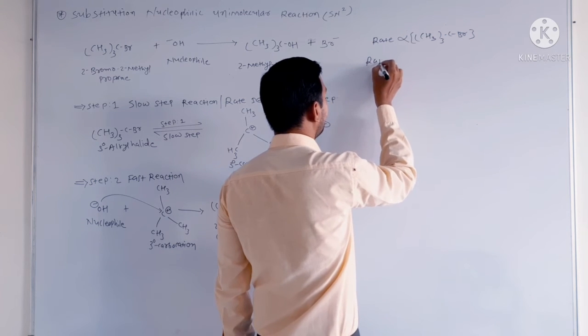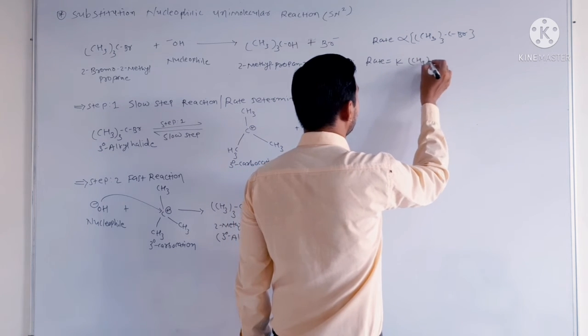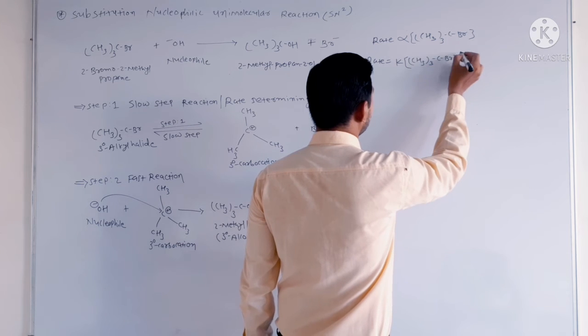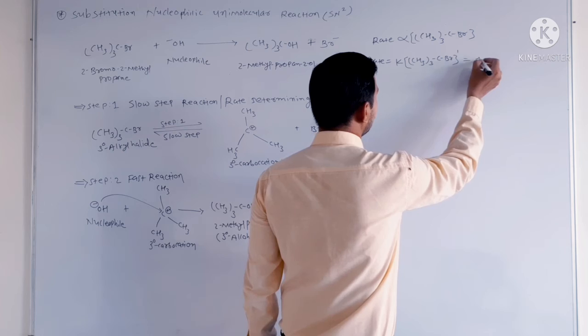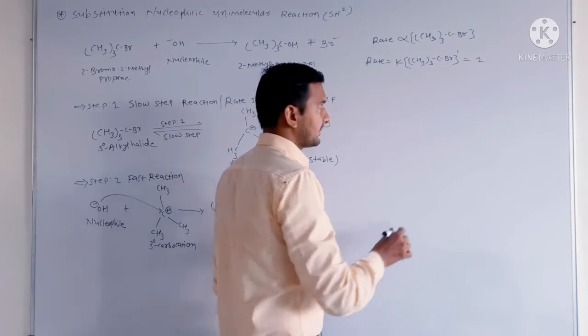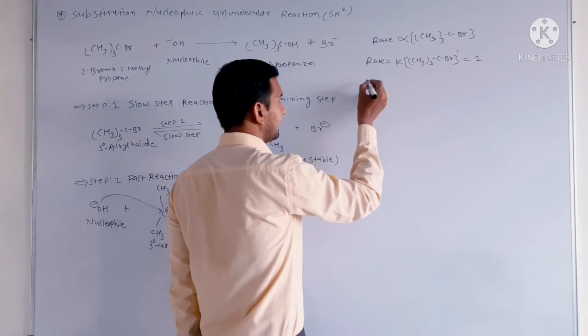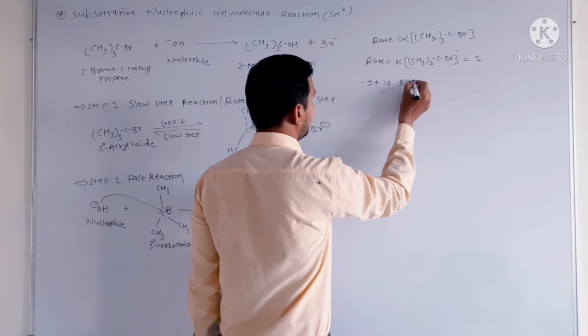Therefore, rate equals a constant times the tertiary alkyl halide. Its exponent is 1, therefore it is a first order reaction.